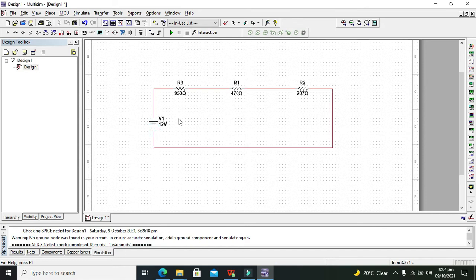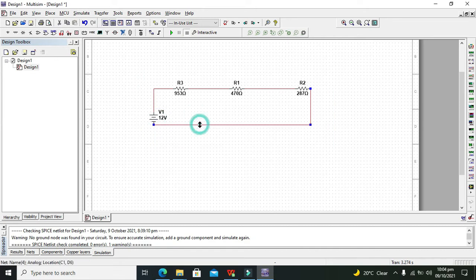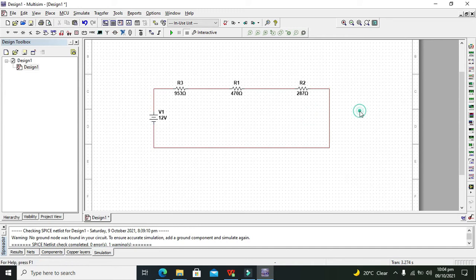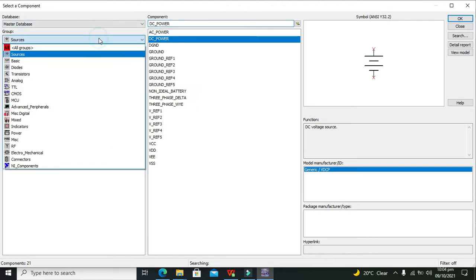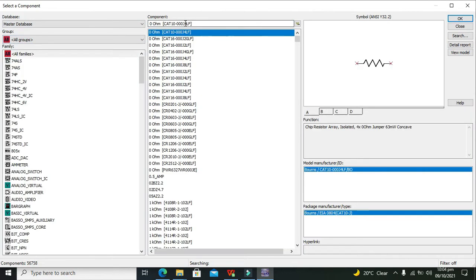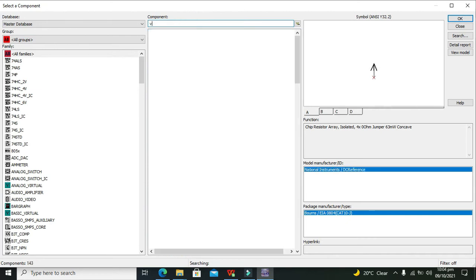So there are four components. The one is the voltage riser component, and all the others are the voltage droppers, or we can say that they used to drop the voltage. And how much voltage is dropped, for it we have to use some voltmeters. So we will take certain voltmeters for us.